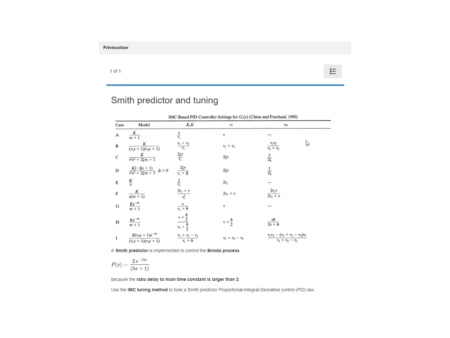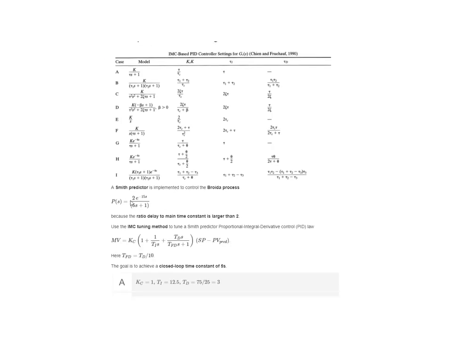It's time for a little quiz, and without a surprise, it's about the Smith predictor and it's about tuning, right? So a Smith predictor is implemented to control the Broida system that is given over here, and you can see here that the ratio delay to time constant is larger than 2, so it would be difficult, if not impossible, to tune a PI controller for that.